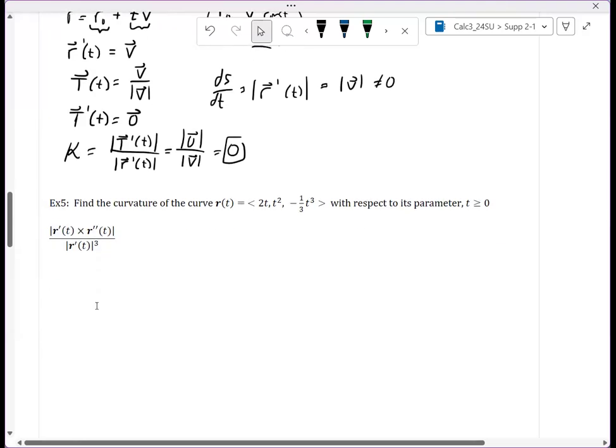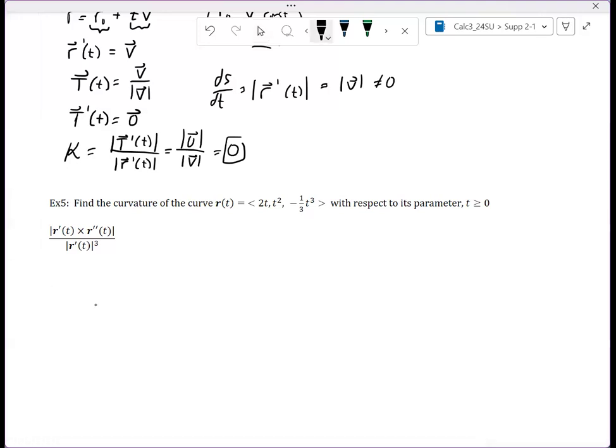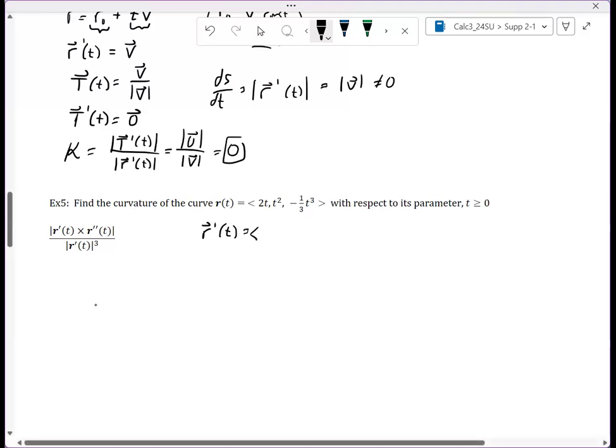So I have r, I need r prime and r double prime to plug into this formula. So r prime: derivative of 2t is 2, derivative of t squared is 2t, and derivative of negative 1/3 t cubed is negative t squared.